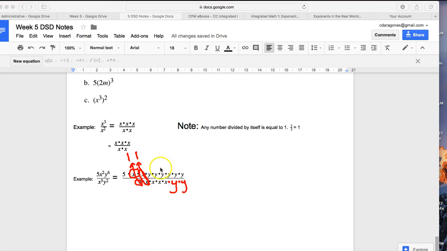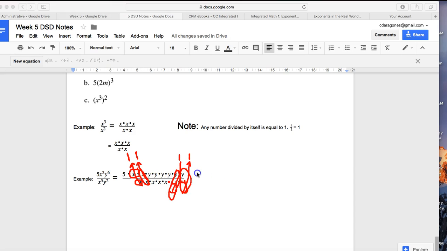Now we can look at our y. So we have a y divided by a y right here. That goes into 1. Then we have another y divided by a y right here. Cancels out, turns into 1. So we have a 5 times 1 times 1 times y times y times y times y divided by x times x times x.